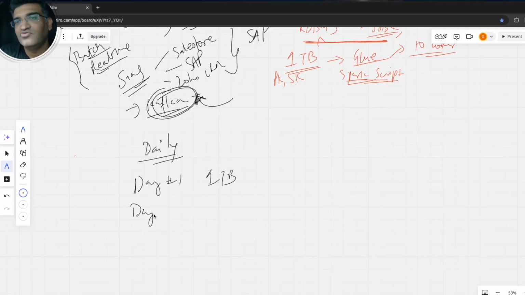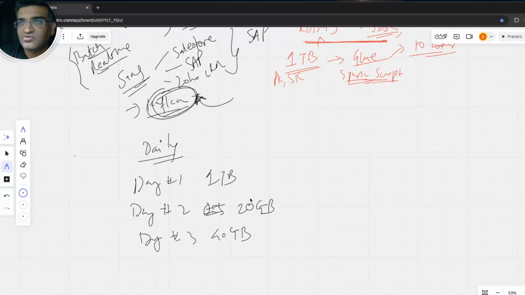On day two, additionally, let's say 20 GB of data was added. On day three, 40 GB of data was added. You don't want to process all this 1 TB again. You don't want to process 1.2 TB here, 1.6 TB here. You just want the delta, I mean the changes, whatever changes have happened.